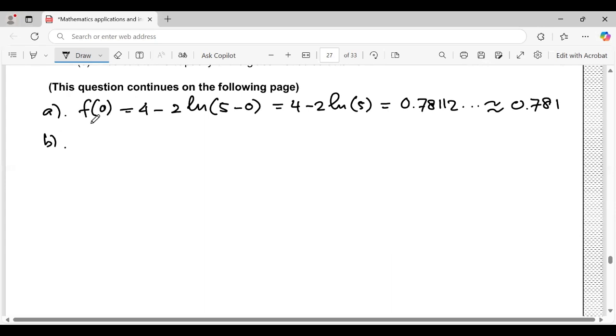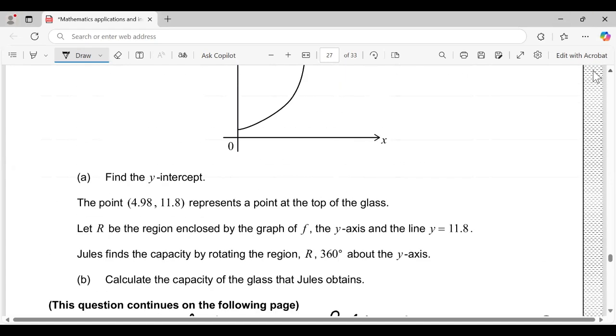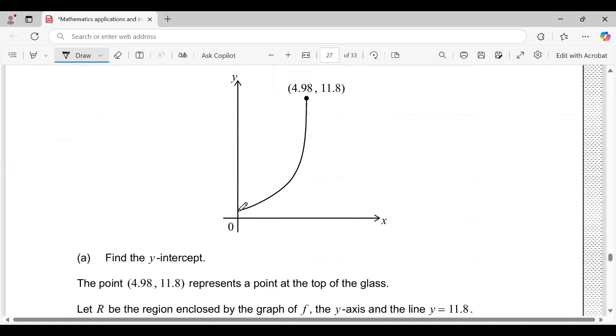We will use an integral to calculate the volume. Pi times the integral from 0.781, because of this one. If you look at the graph, this is 0.781, and up to here, this is 11.8.